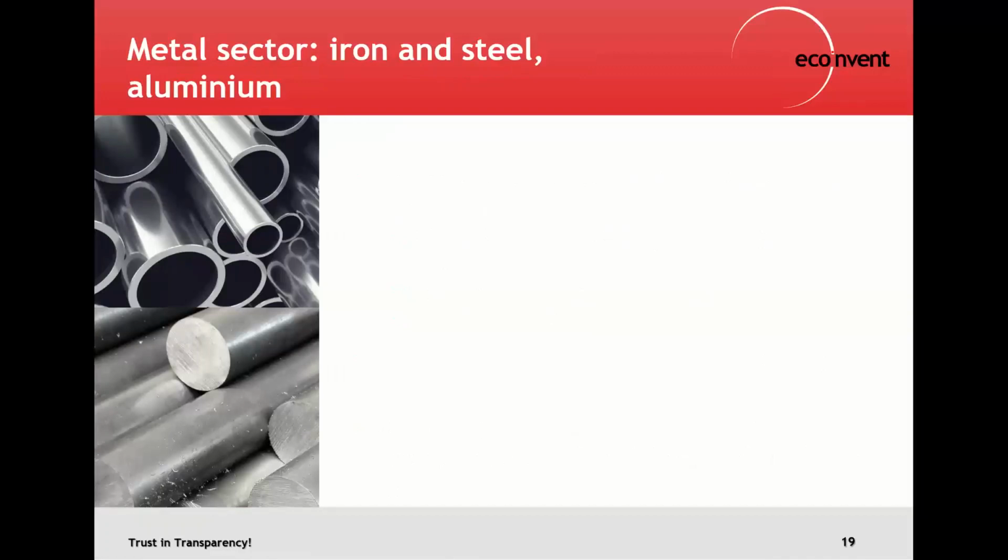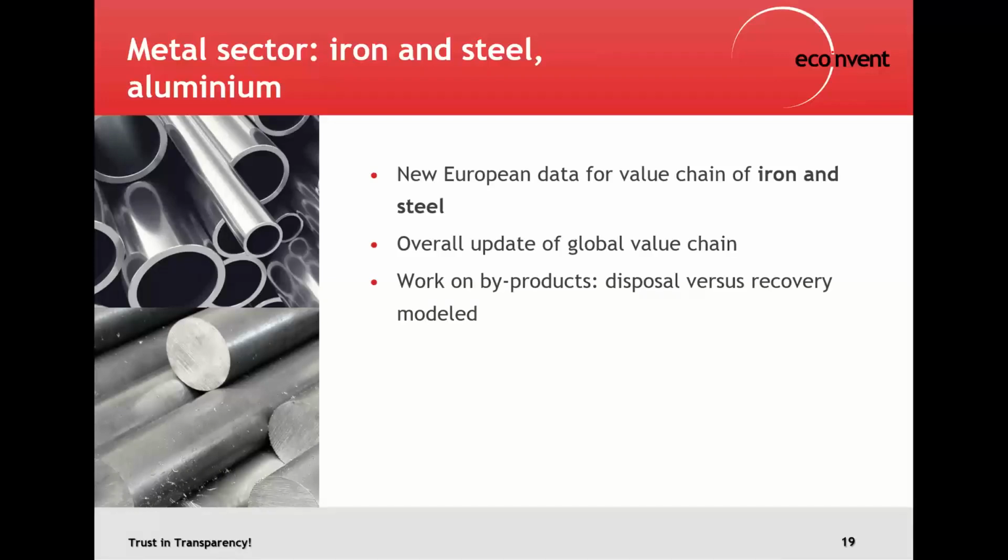To finalize with the metal sector, there were updates made in iron and steel and aluminium. In the case of iron and steel, apart from the correction that we have mentioned just before, the iron supply chains have been updated. That was a collaboration with TU Graz, ETH Zurich, and also some internal work.